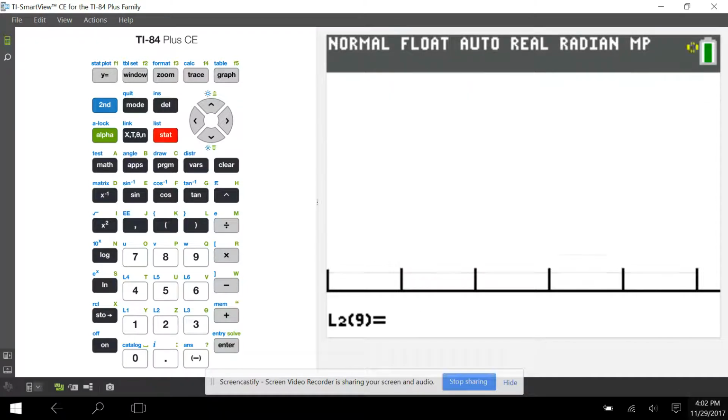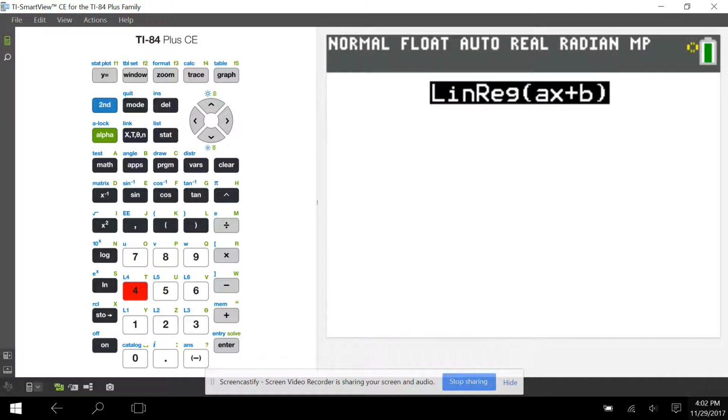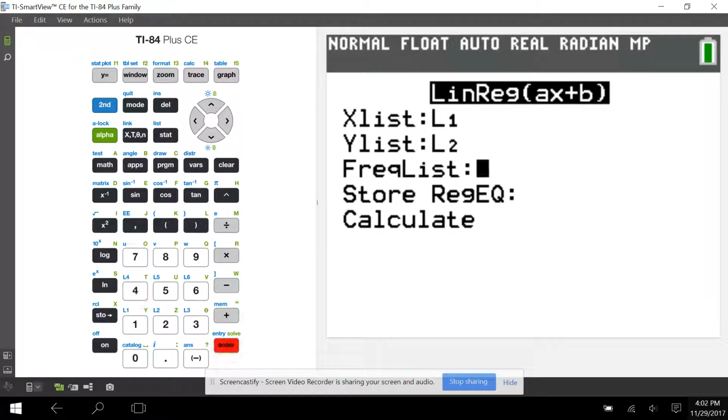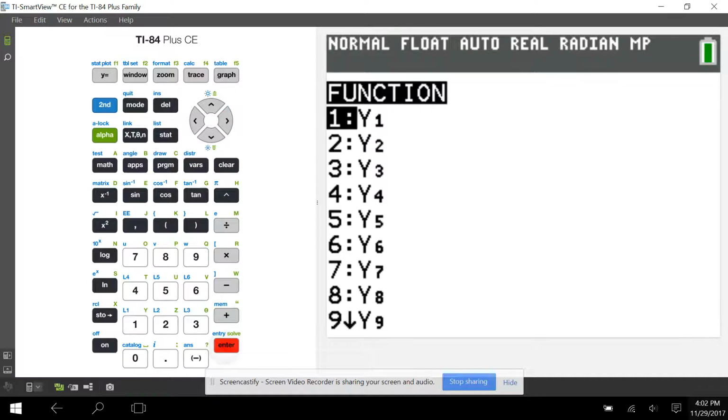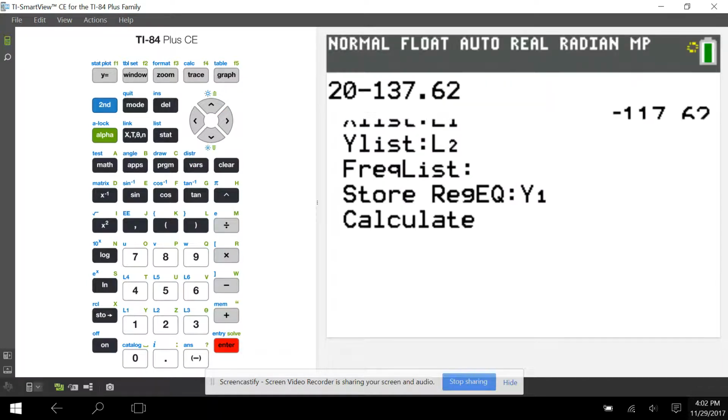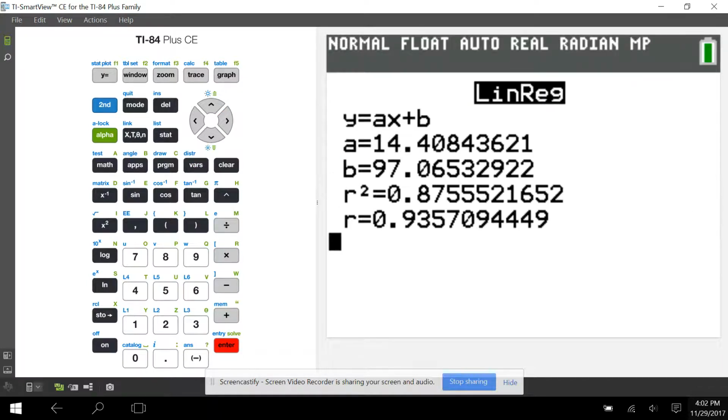Sheesh. Stat. Calc. 4. Enter, enter, enter. Vars, y vars, enter, enter, enter, enter. Y equals 14.41x plus 97.07. Okay, so if it's got 10 grams of fat, that's x.